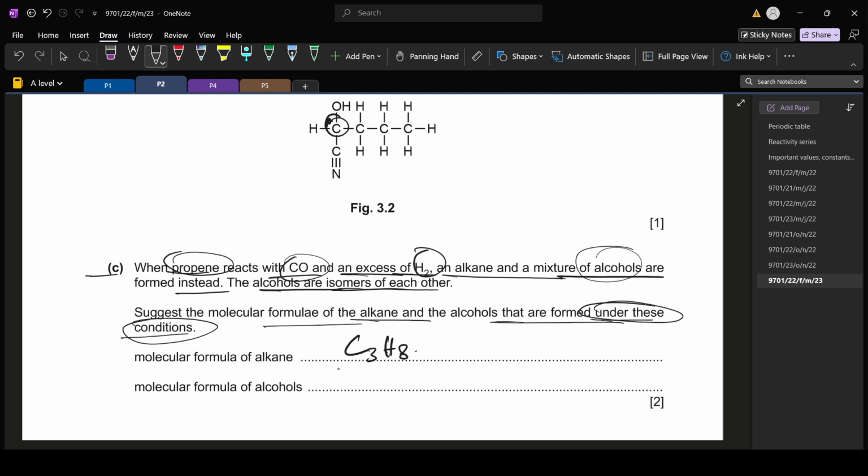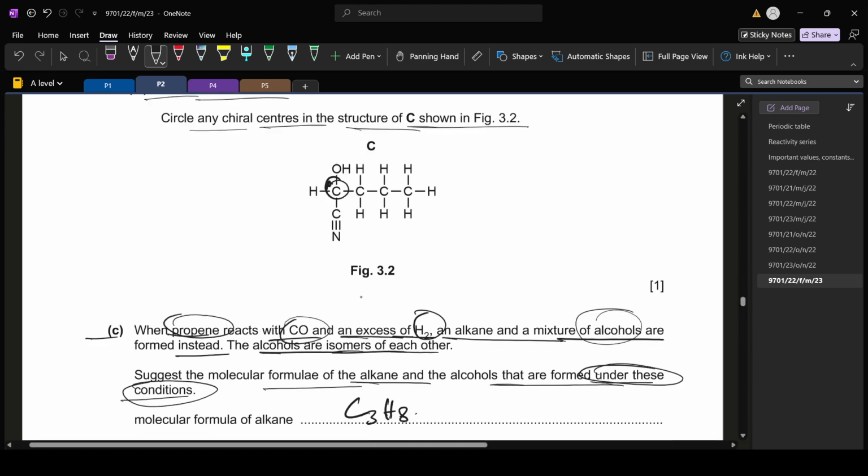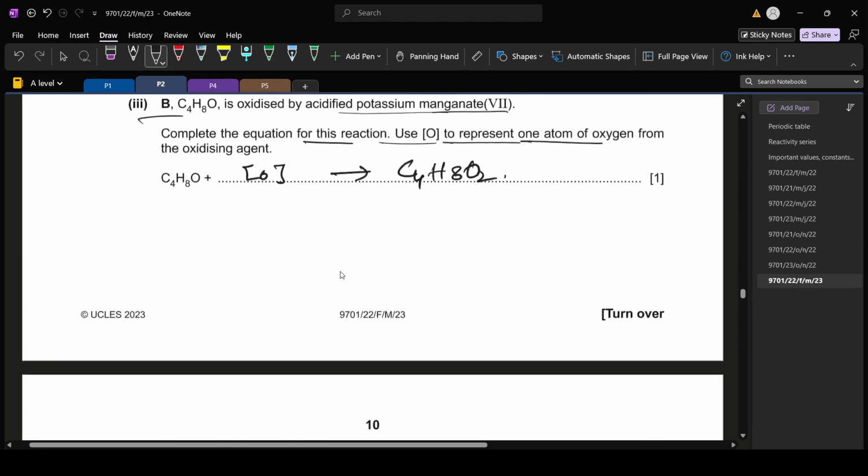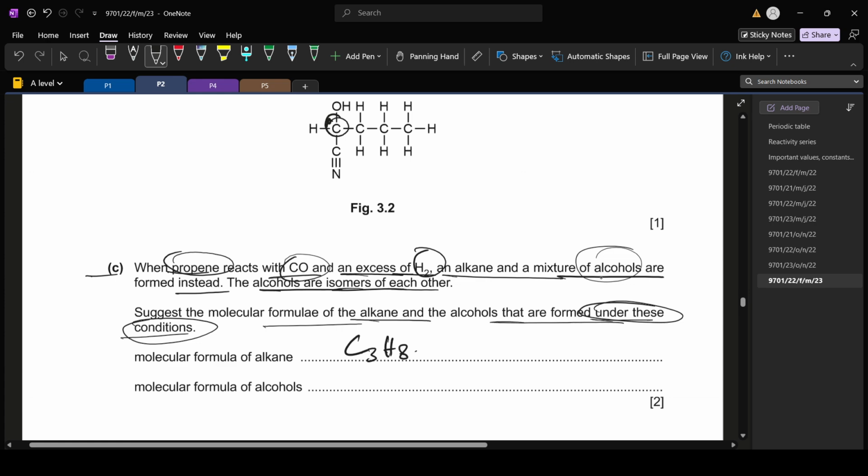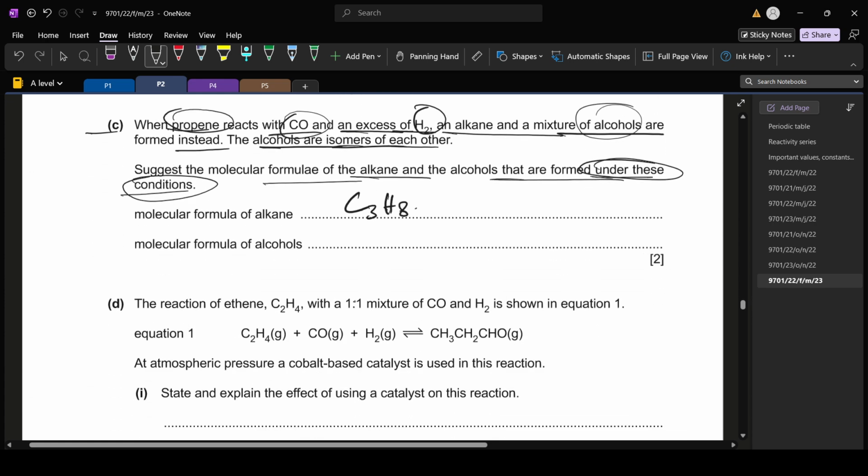They must be butanol, because it forms this aldehyde, which is butanol. Now it's saying it forms a mixture of alcohols, so they must be butanols. This butanol has a molecular formula of C4H10O, or you can also write C4H9OH.